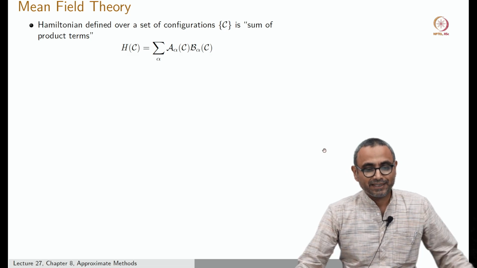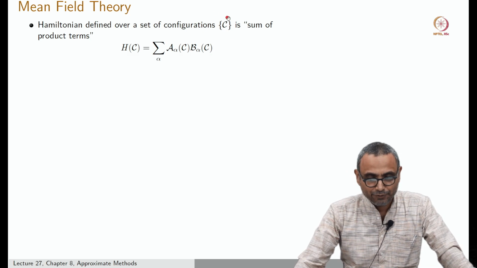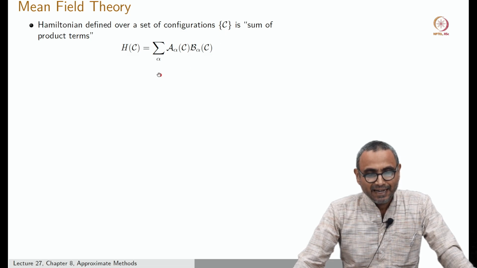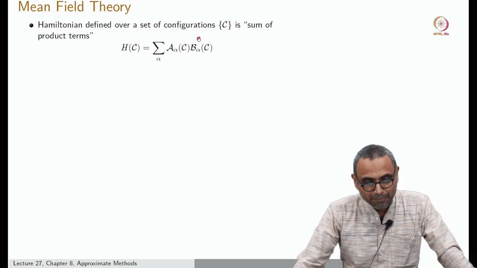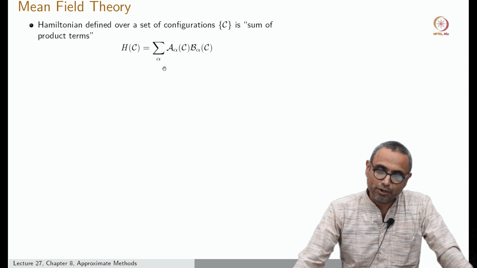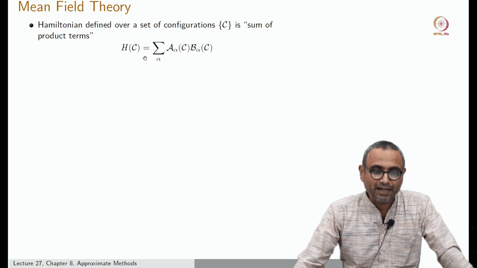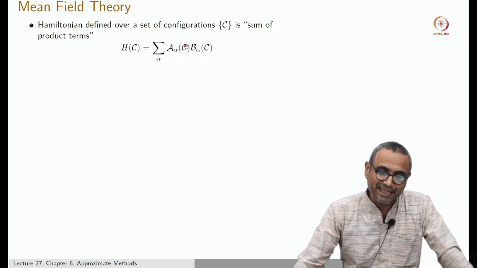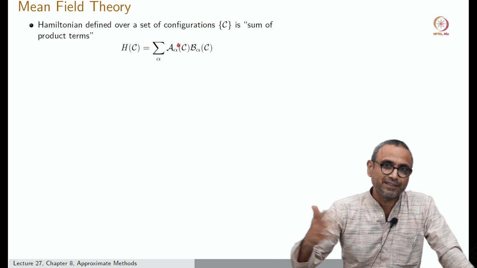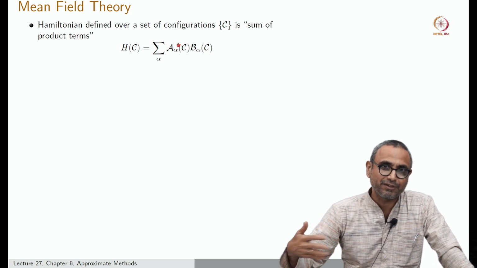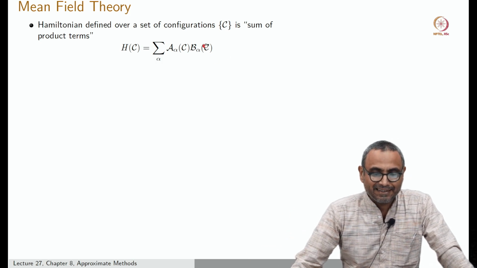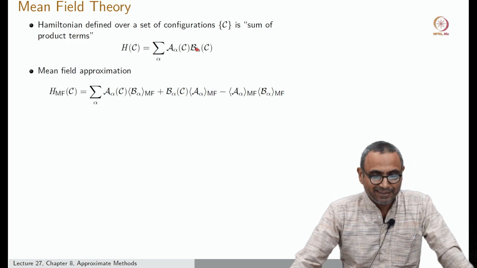So the Hamiltonian is defined over a set of configurations, and in this general framework it is viewed as a sum of terms involving products of fluctuating terms. So A is a fluctuating term, meaning that in the thermal ensemble A will take on different values, and B is also a fluctuating quantity.